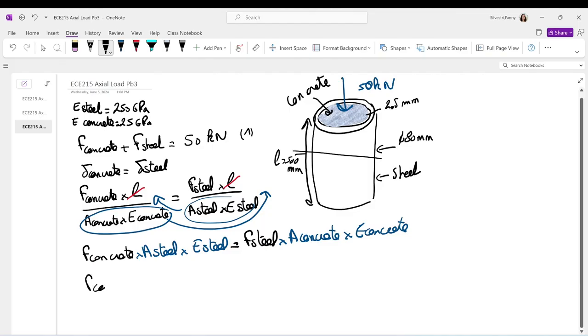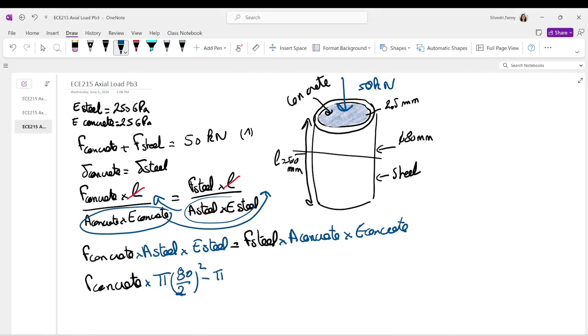So the force of the concrete times the area of the steel, that will be pi times the diameter 80 divided by 2 squared minus the inside, pi times 75 divided by 2 squared, times the E of the steel, that's 250 times 10^6 because it's gigapascal.